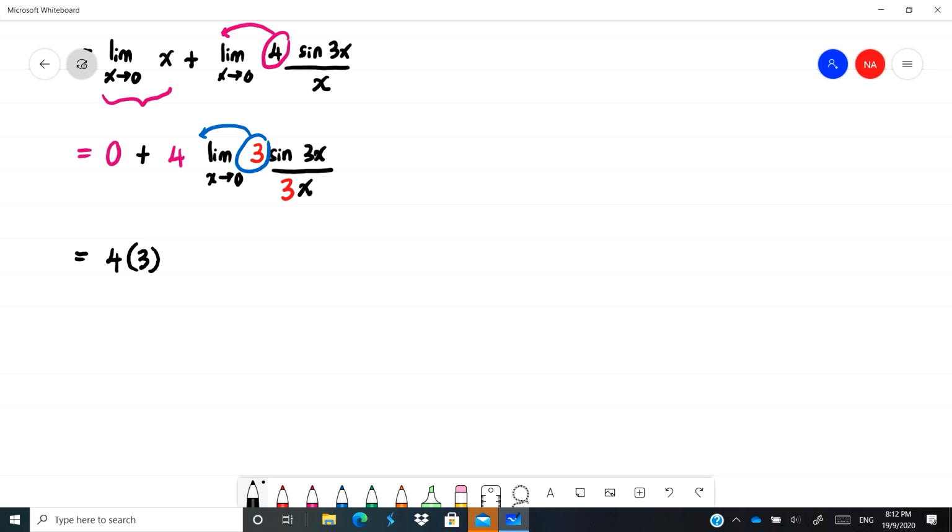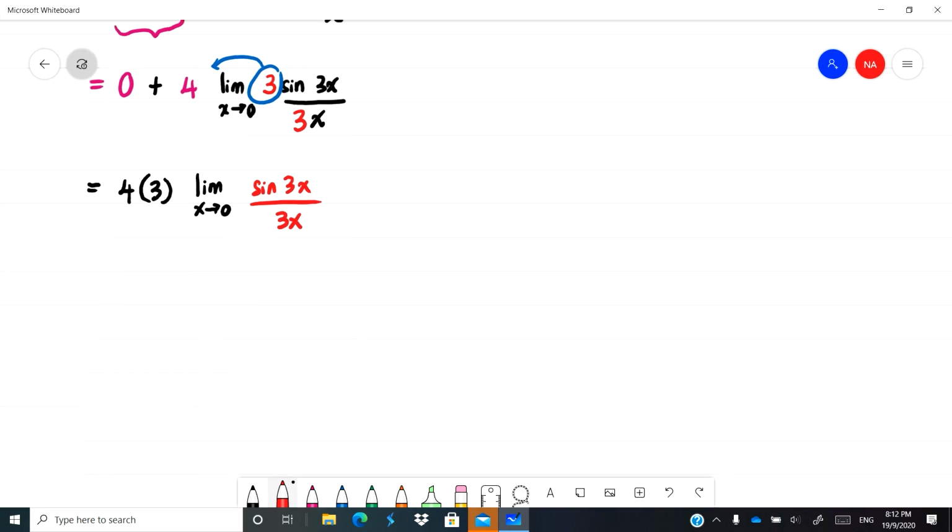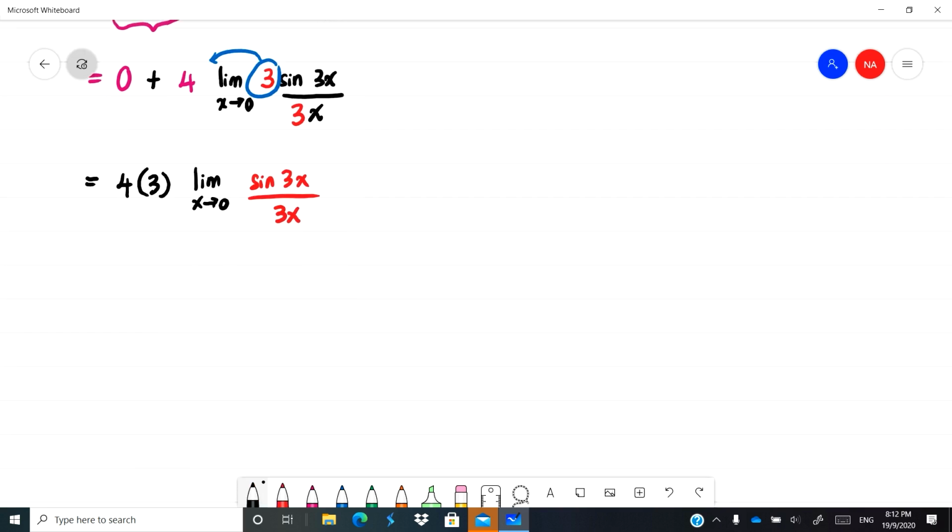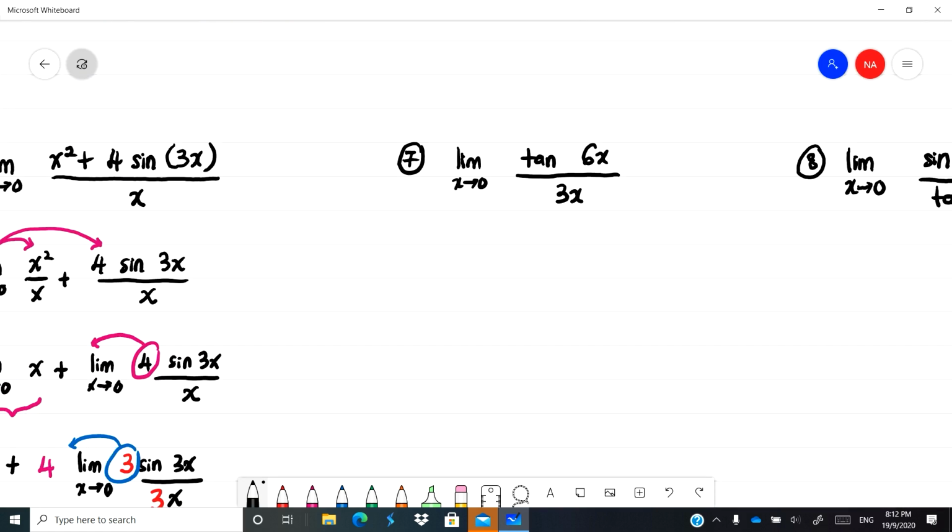So you'll have limit as x approaching 0 of sine 3x over 3x. This will be using the squeezing theorem, so you'll have 4 multiplied by 3 multiplied by 1 by the squeezing theorem. So the final answer will be 12. It's not that difficult, it's just that you have to play around a little bit.